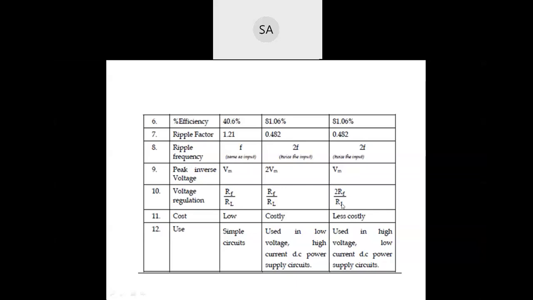In cost, the half wave rectifier is low, the center tap is costly, and the bridge is less costly. Why? Because the center tap requires the most cost.